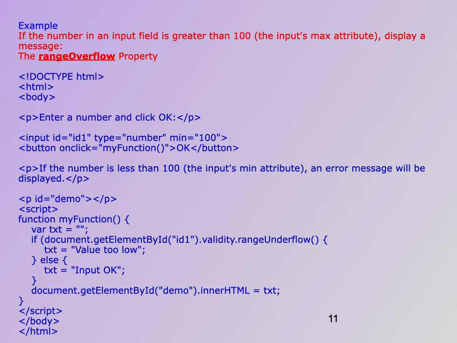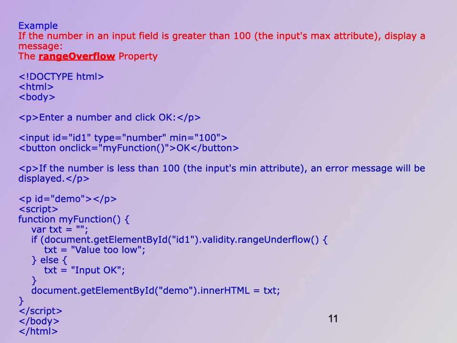Min is equal to 100, so it goes below 100, then range underflow will give a particular message. In our case, this becomes true. For example, 90 is the value, validity dot range underflow evaluates to true, and the txt value is updated with value too low, otherwise input is OK. This is how this range underflow property is working.